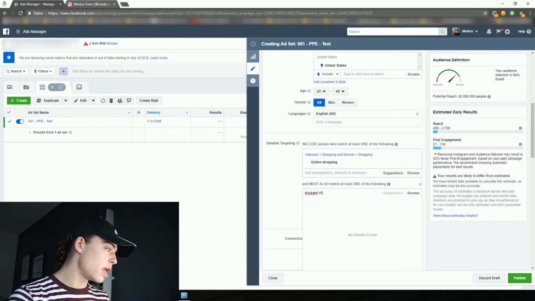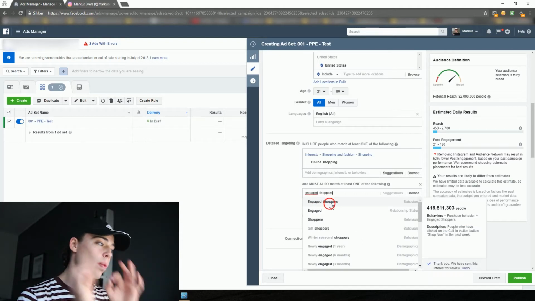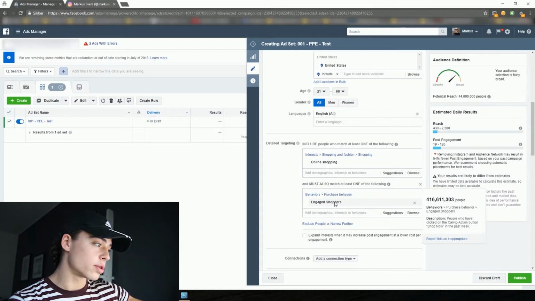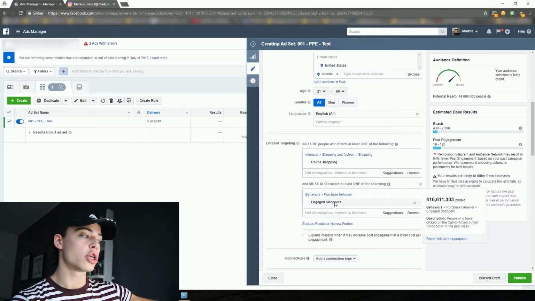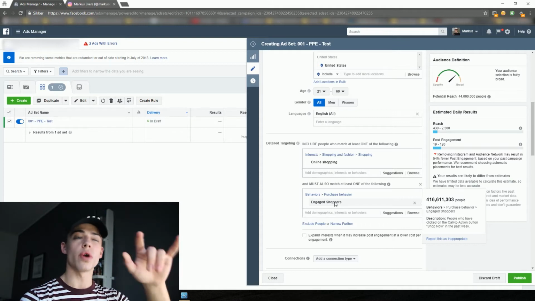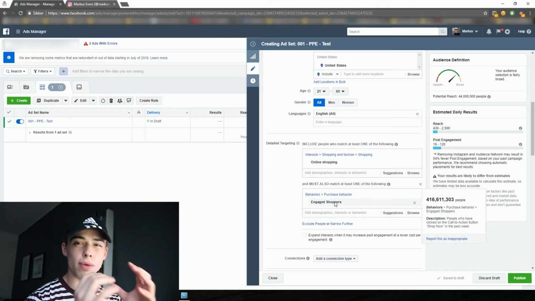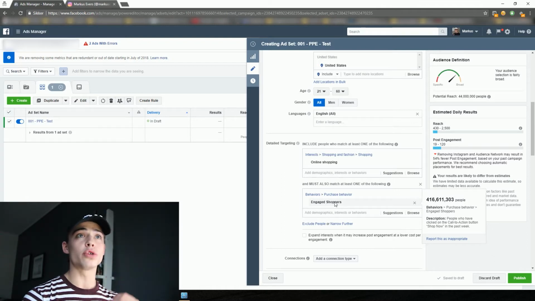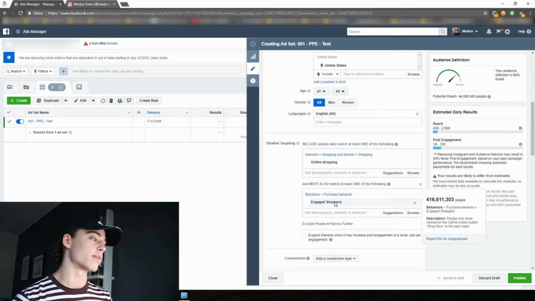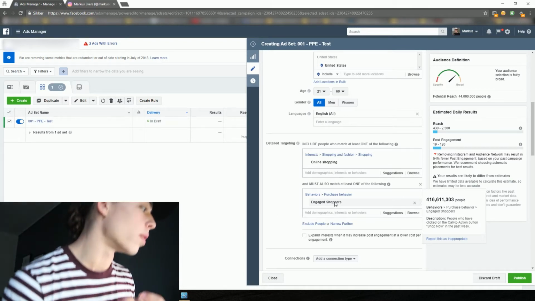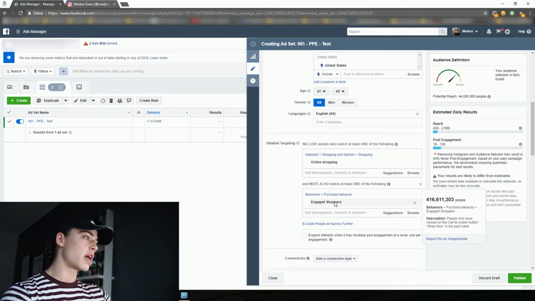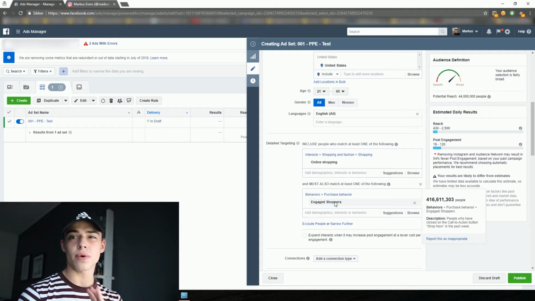This is people who in the last week have clicked on the call to action button shop now in the past week. So you know you can add your CTA button to your ad called shop now or read more, but that's the shop now button. They have shown interest in wanting to buy something, so they're engaged shoppers, and that's 460 million people worldwide. As you can see, when we narrowed that down, that probably halved our audience size.